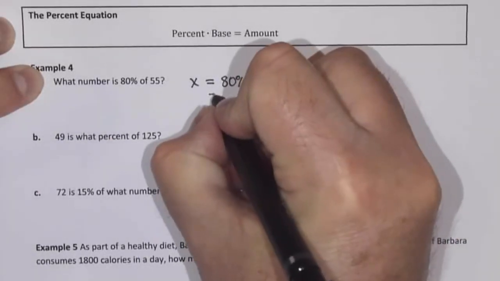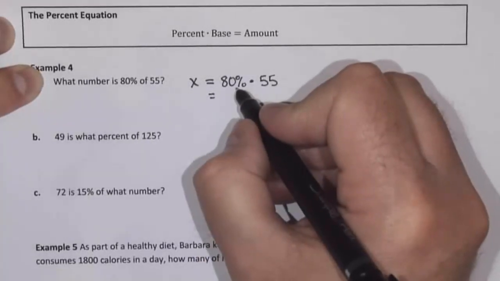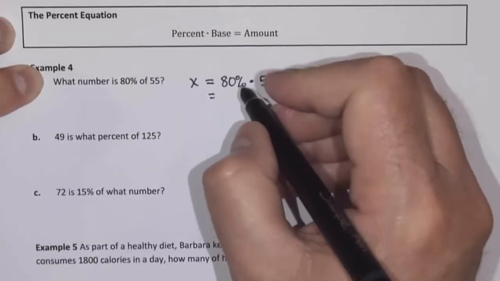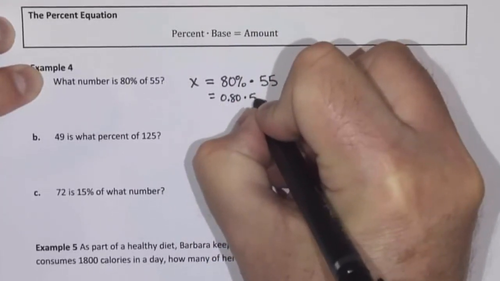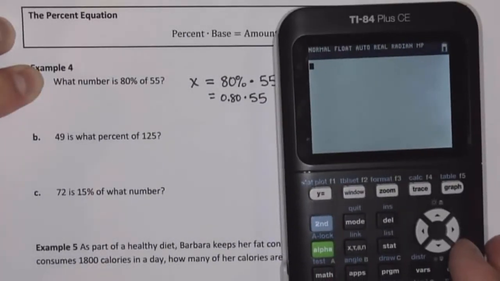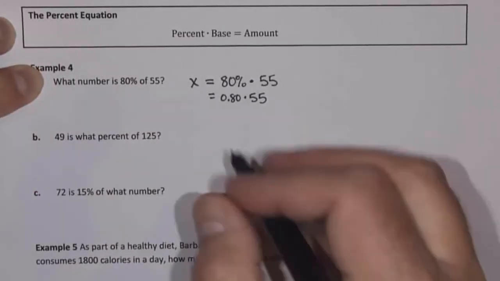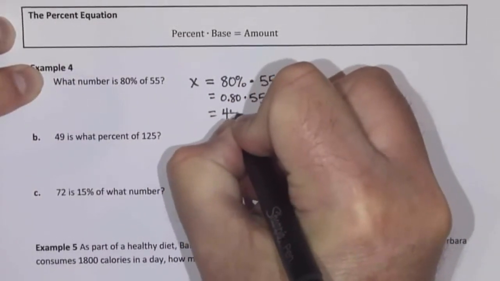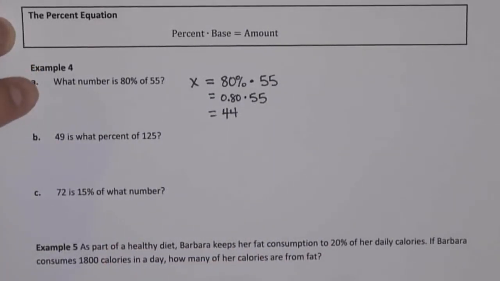Now to solve that, we're going to change the 80% to decimal form. 80 divided by 100 is 0.80, and then times 55. So x equals 0.80 times 55. With my calculator, 0.80 times 55 is 44. So 44 is 80% of 55.